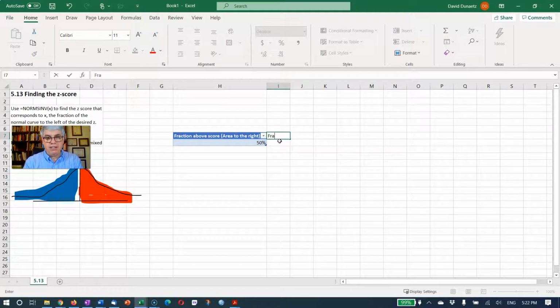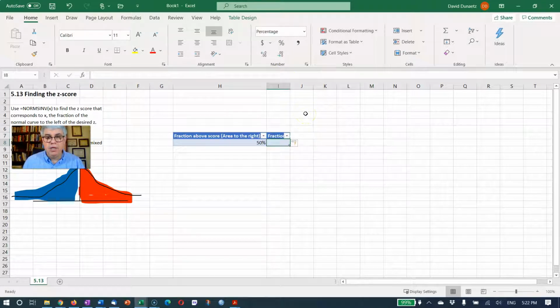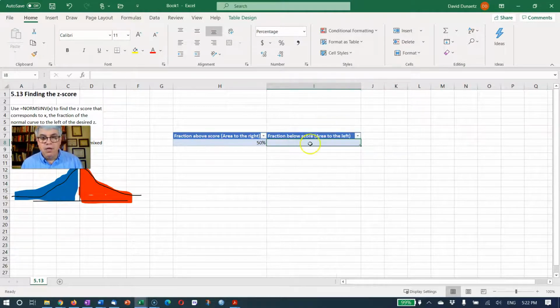That'll be the fraction below that score. That'll be the area to the left. And with that area, we'll be able to use NORM.S.INV to get the z-score.